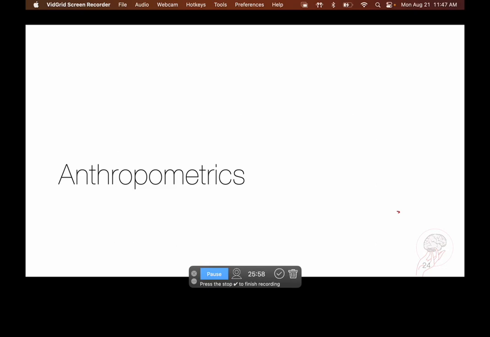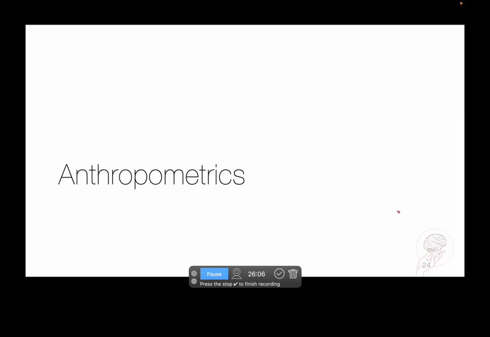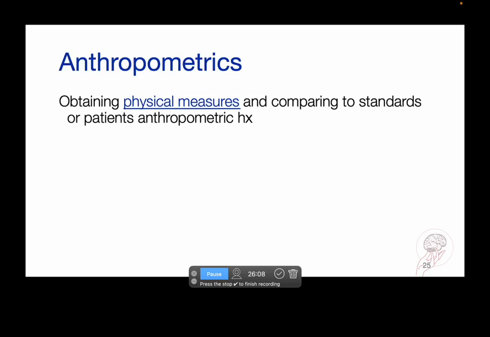Okay, now we're out of our little statistics. Let's get into the meat of anthropometrics. The basic definition of an anthropometric is a physical measurement.